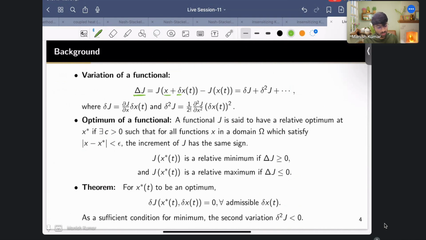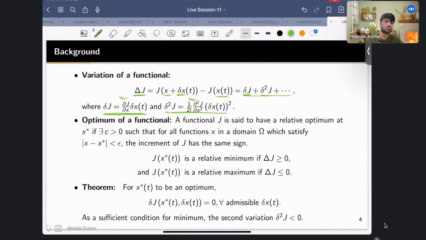So J(x plus delta x) minus J(x), if you do the Taylor series expansion, you will get this kind of series, where delta J includes the first derivative and delta 2J includes the second order derivative of J. More precisely, delta J is given by this, and delta 2J is given by this, and so on. But for our case, these two are sufficient. You will see how.